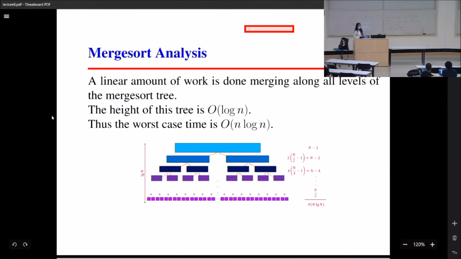So what will be the total work for all the levels if you sum them up together? Recall that the height of the tree is log n. Yes, please.